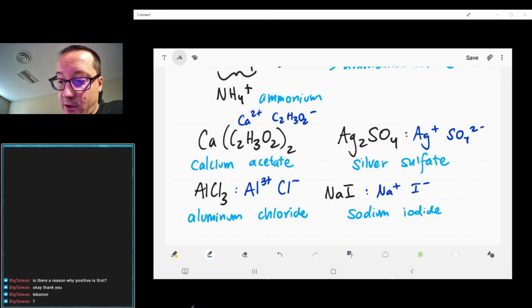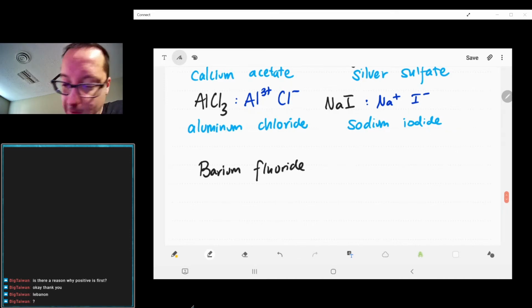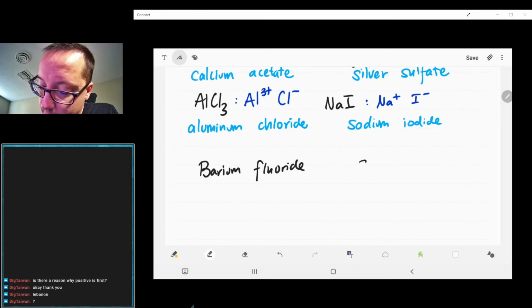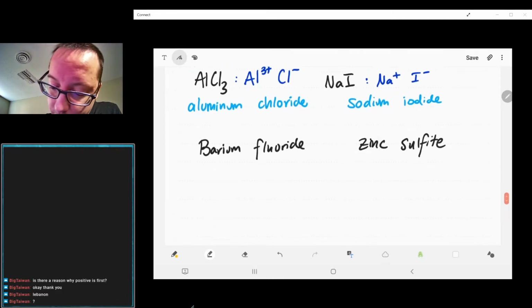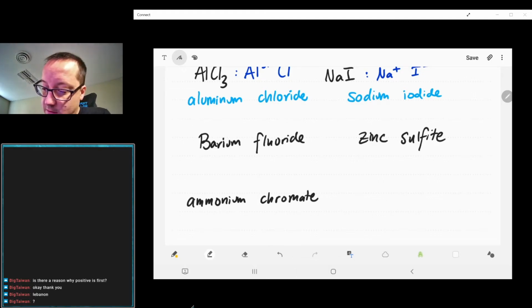We can kind of go the opposite direction. How about zinc sulfite, ammonium chromate, and how about, I don't know, lithium perchlorate.